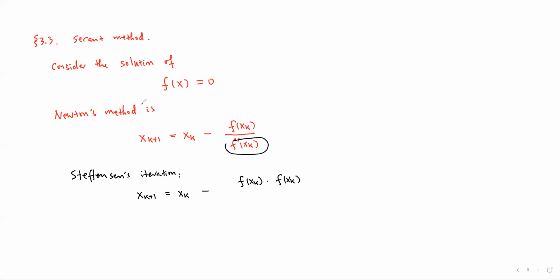Of course, this is f(s_k) squared, then over f(s_k) plus the function value at x_k. Compute x_k plus f(s_k), then get some number.